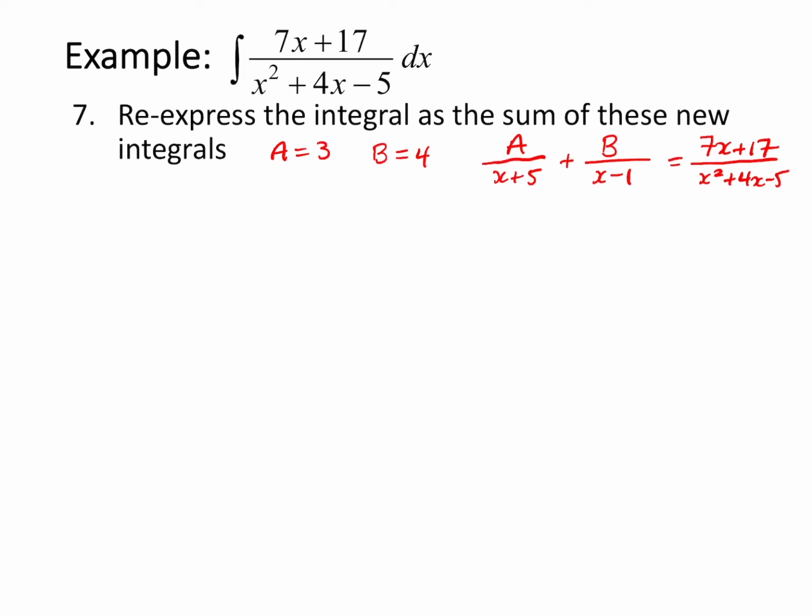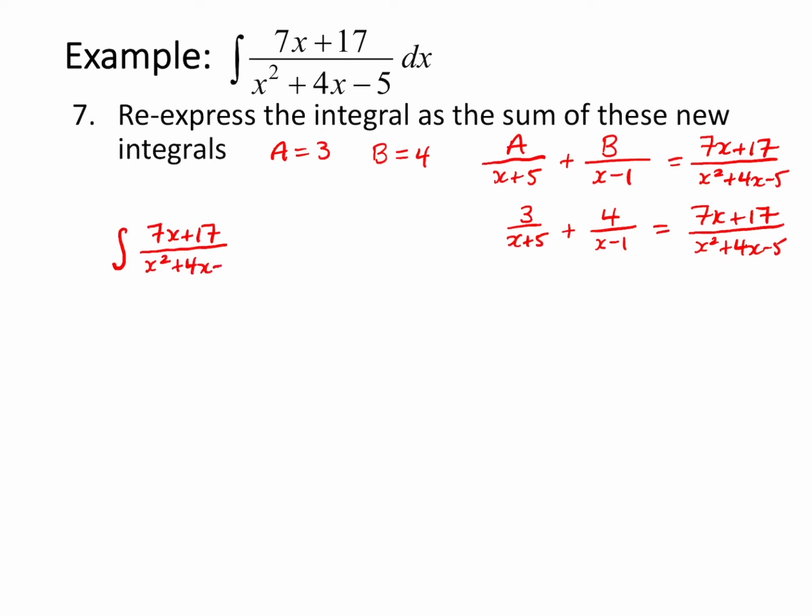So we can now say that it was 3 over x plus 5 plus 4 over x minus 1 is equal to this fraction 7x plus 17 over x squared plus 4x minus 5, which means that our original integral of 7x plus 17 over x squared plus 4x minus 5 dx can be written as the integral of 3 over x plus 5 plus 4 over x minus 1 dx.